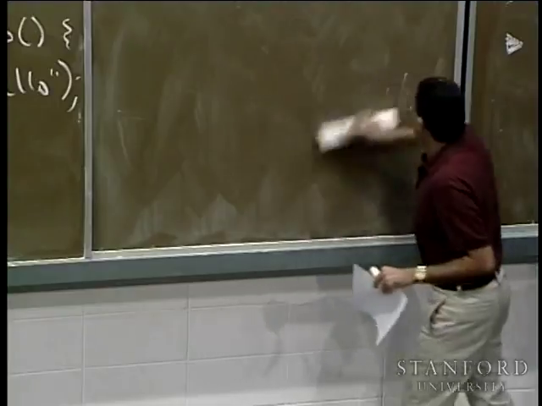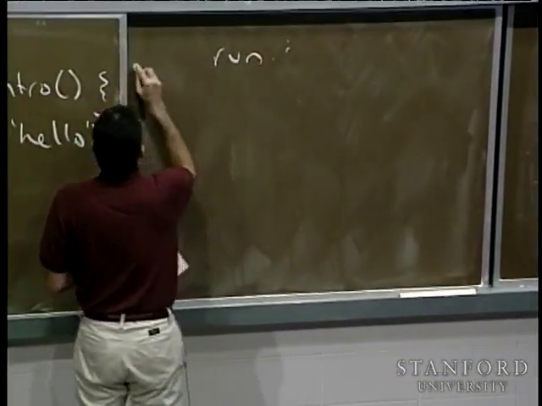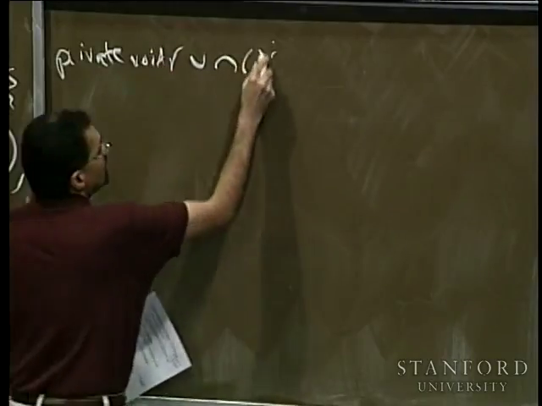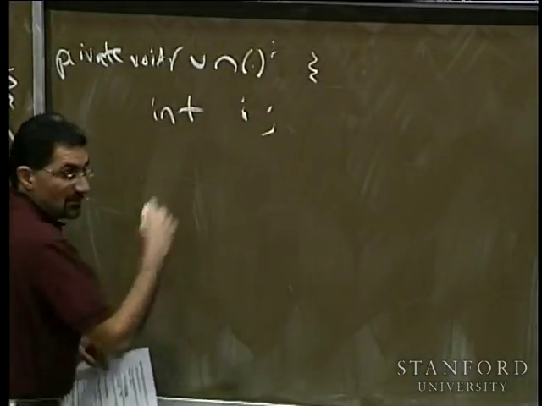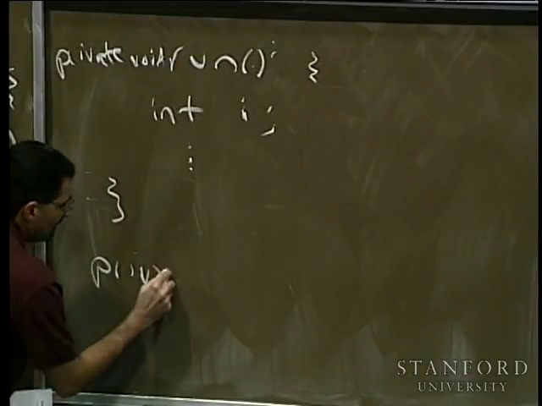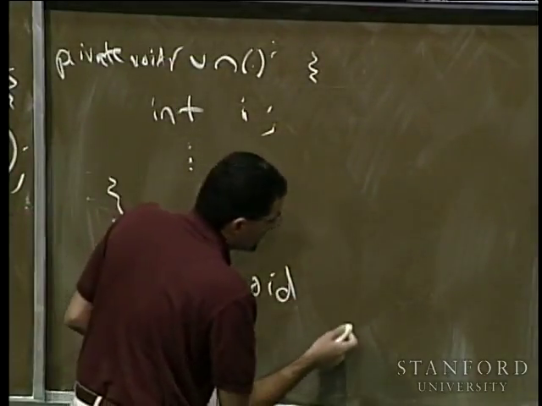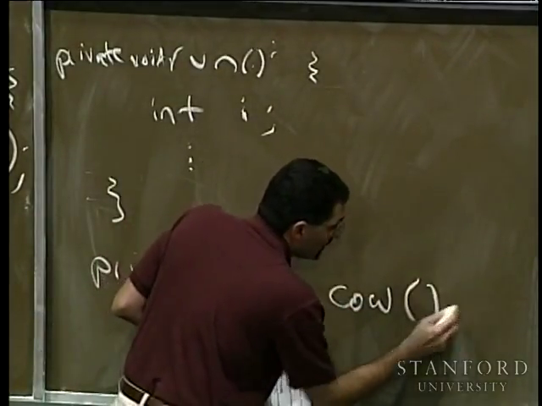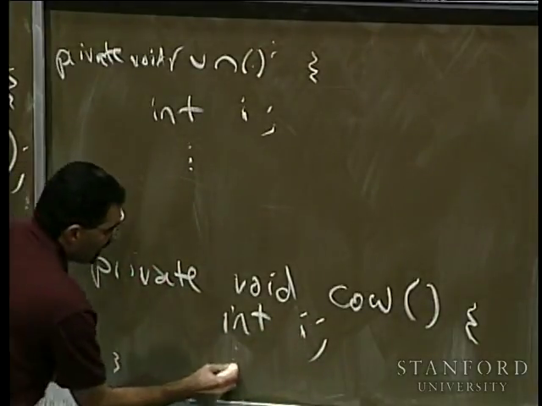As we talked about last time, you can have some method over here run. So we'll say private void run. And inside here we might have some integer i that we do something with. And over here, we might have some other method, private, I'll make this one void too, and we'll call this, just for lack of a better word, cow. And cow might also have in it some other integer i, and it might do something with it.